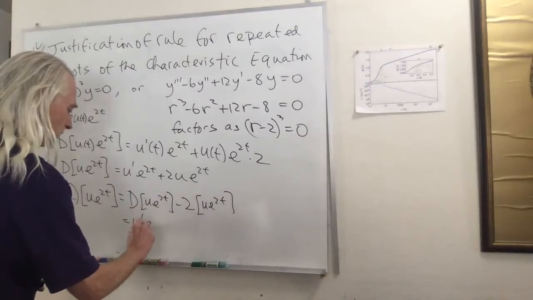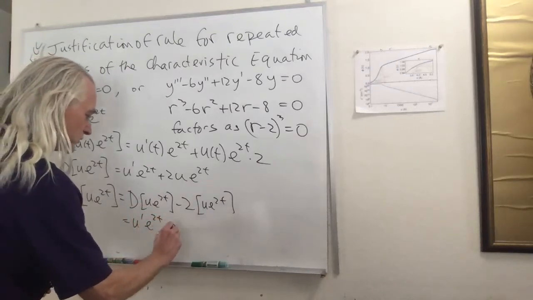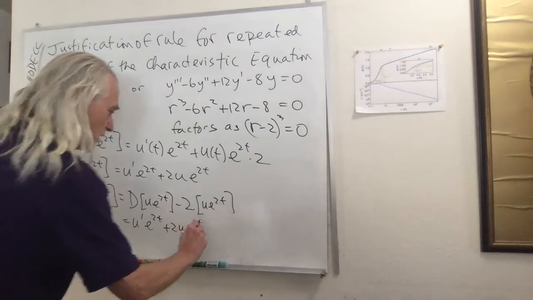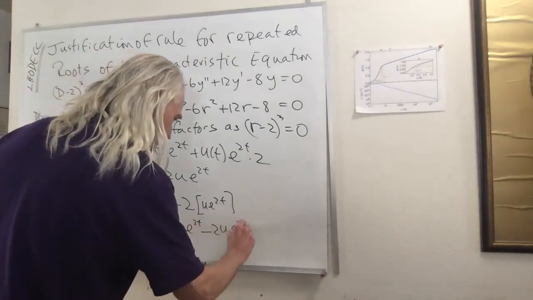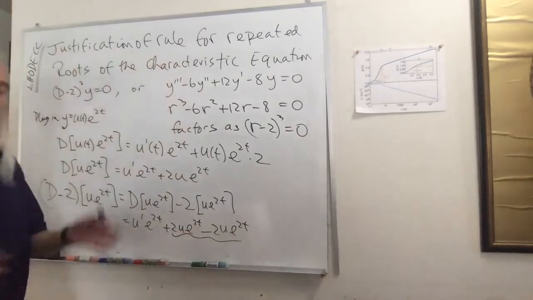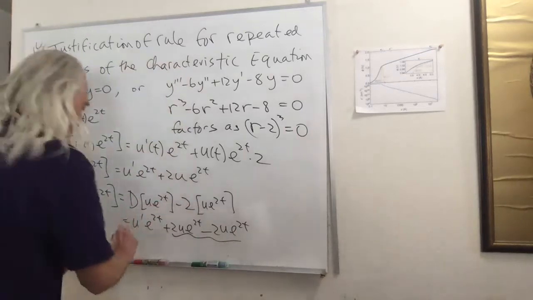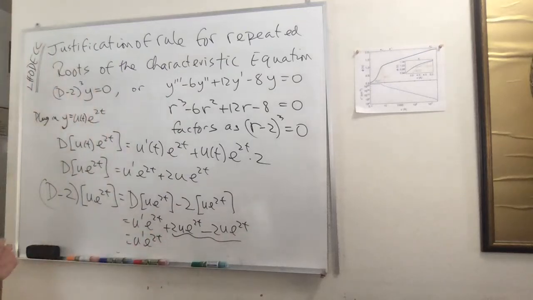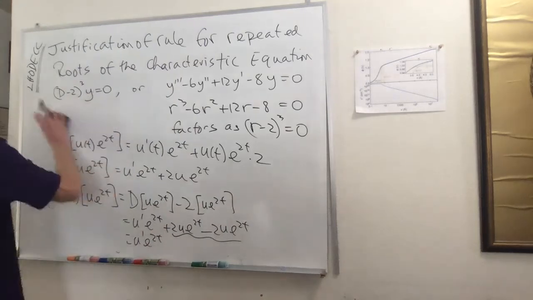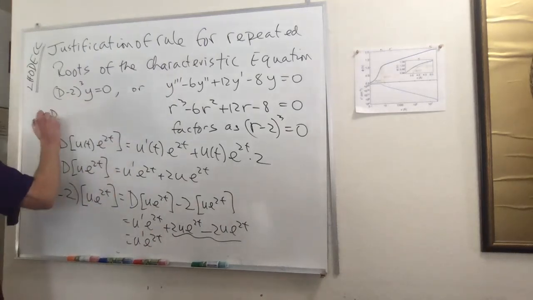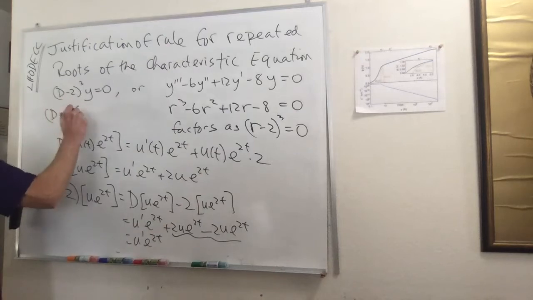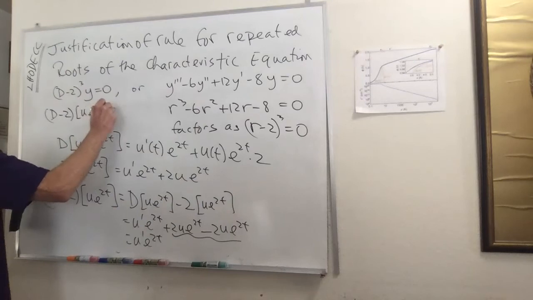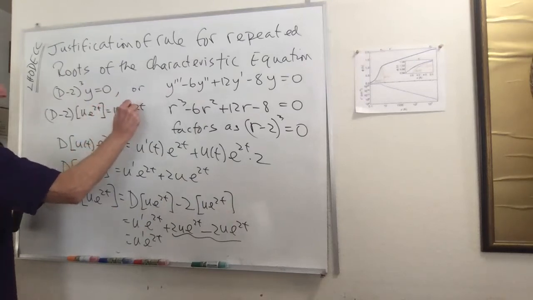That's u prime e to the 2t plus 2u e to the 2t minus 2u e to the 2t. Voila! That part cancels, and I just get u prime e to the 2t. Cool. So let's rewrite that formula right up here. If I take D minus 2 acting on u, function of t, e to the 2t, I get u prime e to the 2t.